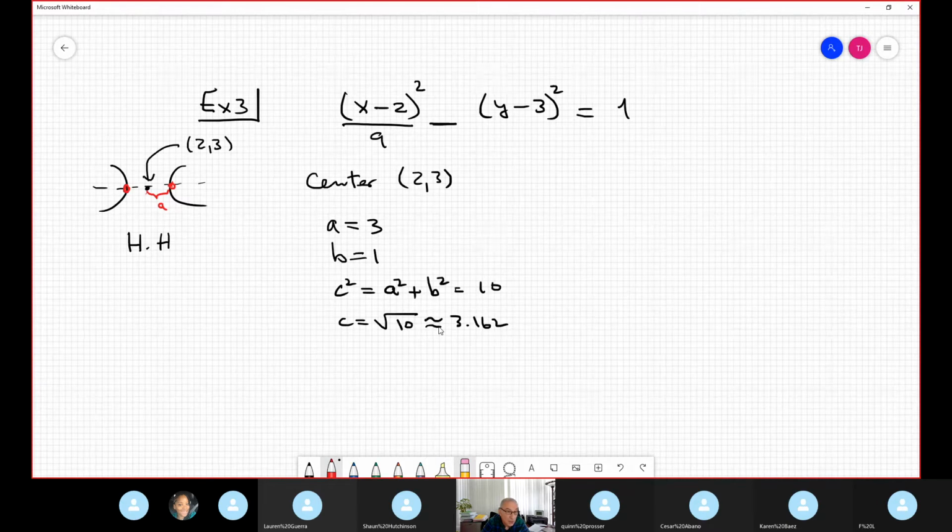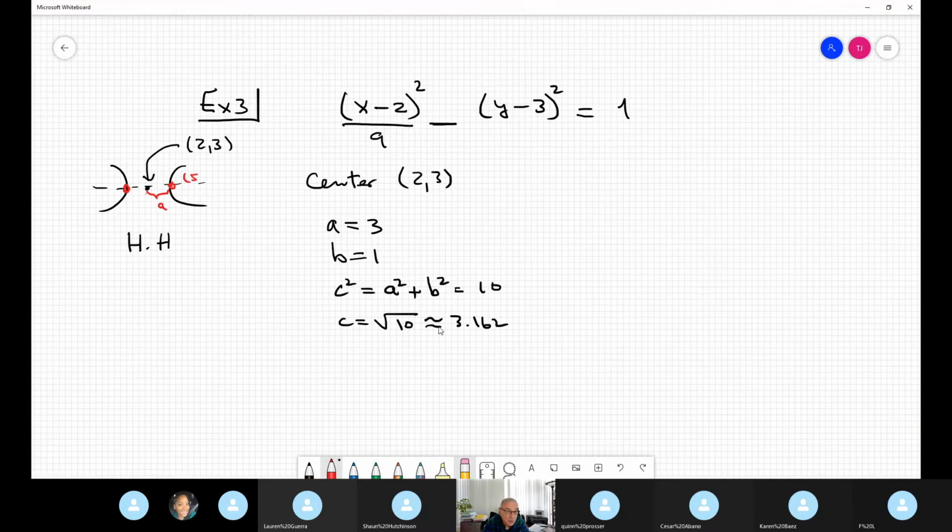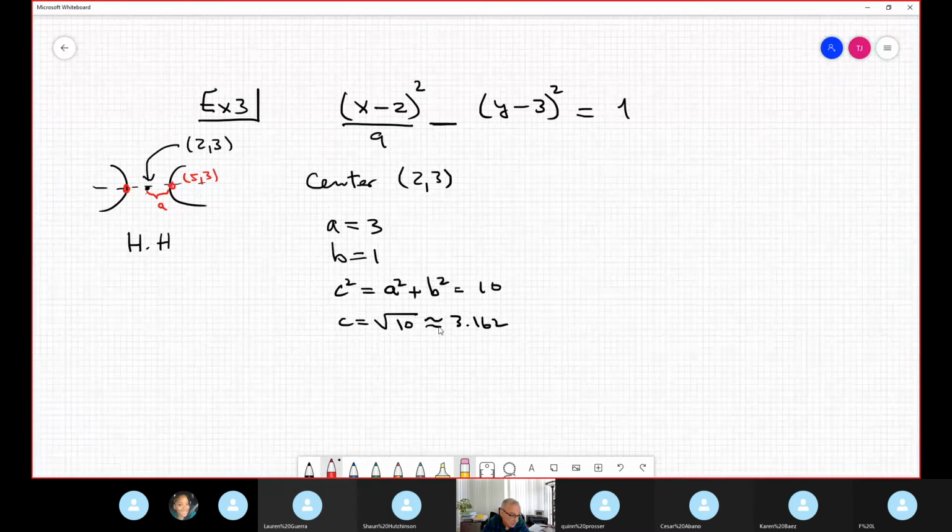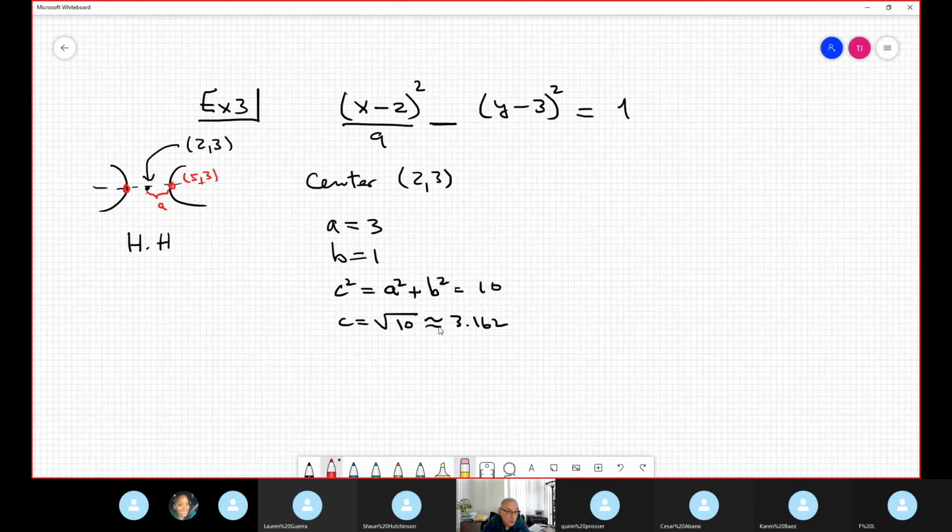This point would be 5, 3, so you're increasing, and the other direction is negative 3, so negative 1, 3. Okay, this is A, right and left.